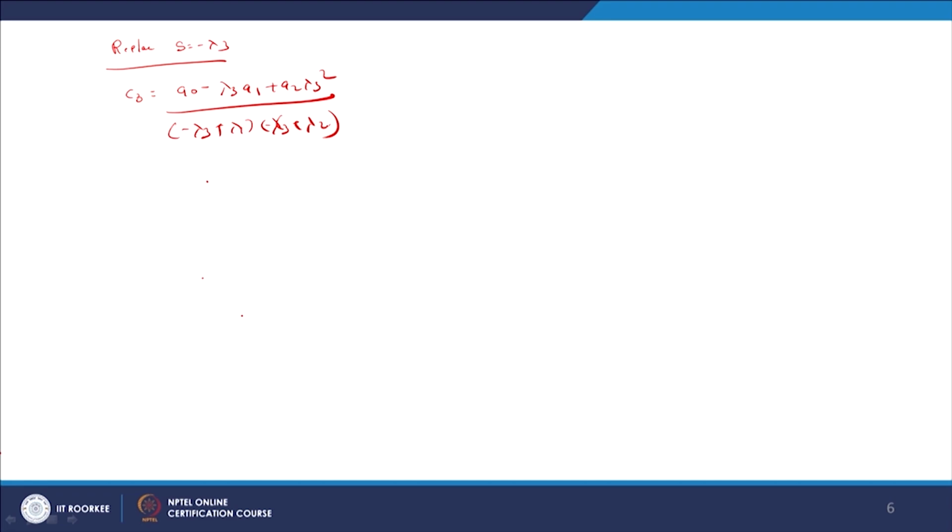Now, to get the value of C1, what is the option? Here we have taken care of lambda 2 and lambda 3, because we initially replaced S equals to minus lambda 2 and S equals to minus lambda 3. So now we replace S equals to 0.